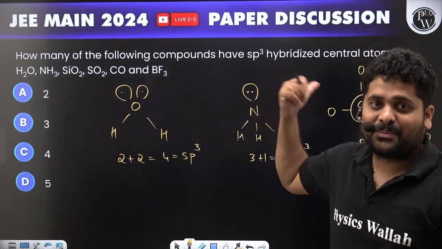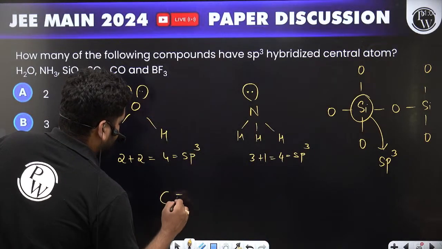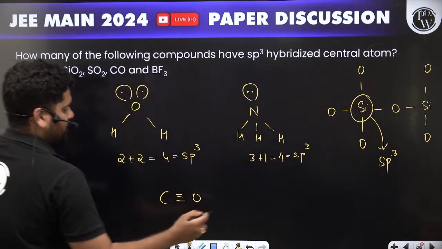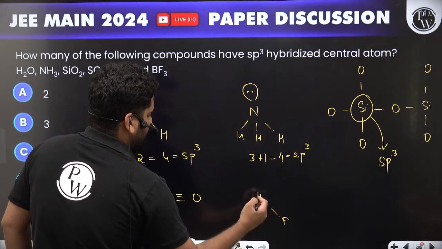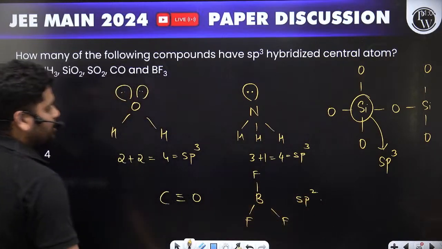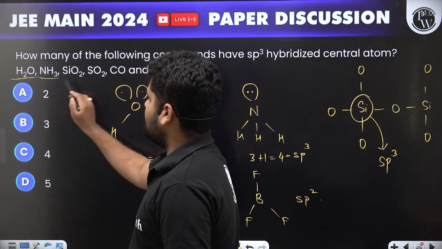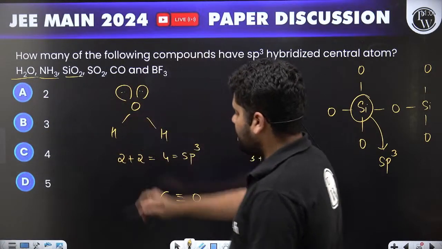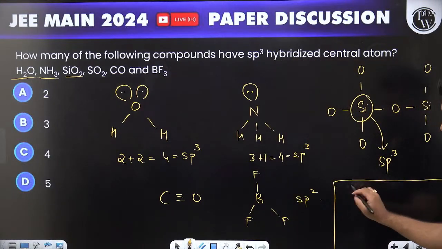This is again from your textbook. So we have carbon monoxide. In carbon monoxide, carbon is sp hybridized anyways. BF3, boron, outer electrons are 3, geometry is trigonal planar, hybridization is sp2. So how many of these are sp3? H2O, NH3, SiO2. We have also SO2. Let us look at SO2. SO2 has 6 outer electrons.